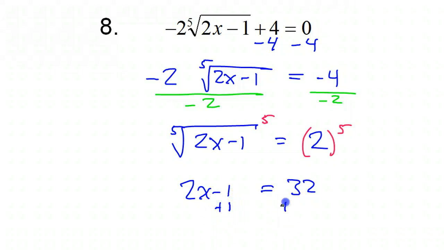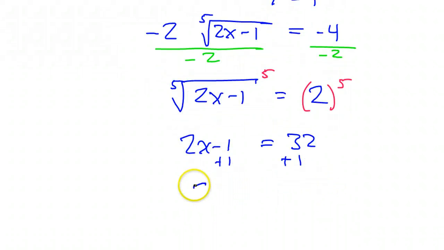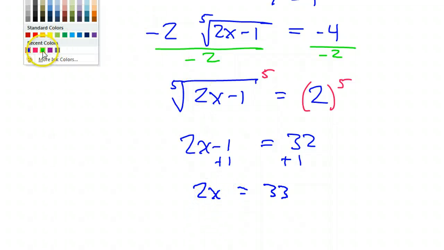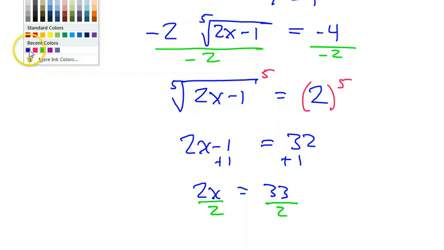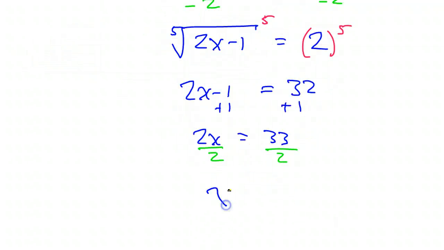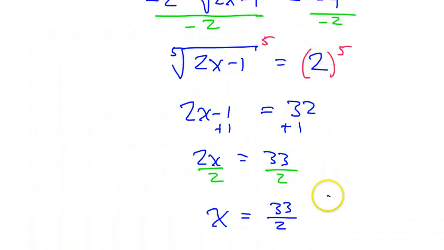Add 1 to both sides. So that's going to give me 2x equals 33. Alright, it's looking a little ugly. Then we will divide both sides by 2. No decimals, please. So that's going to give me x equals 33 over 2, unless I made a mistake.